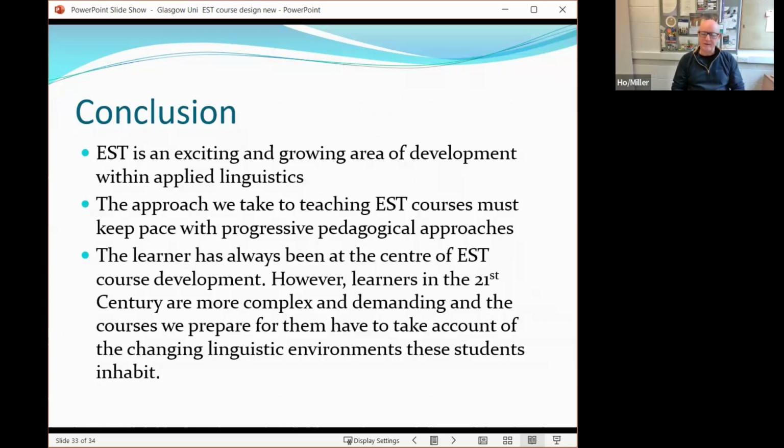However, if that's the only thing they're doing, then there might be a problem, because students are much more sophisticated these days in the 21st century. They don't only want their learning to be engaging and different. They expect it as well. And so teachers have to look at their courses and think, am I doing what I need to do for the students here? And am I doing what the students want me to do here as well?